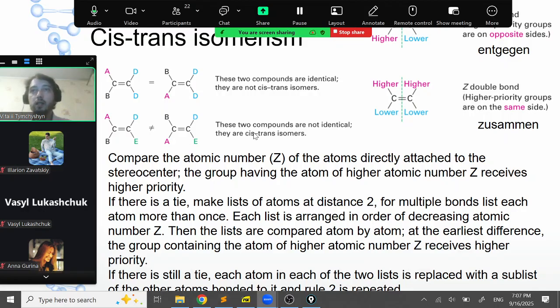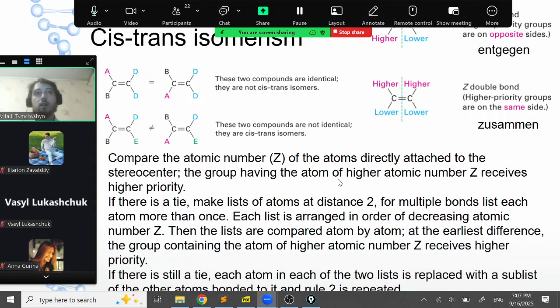So the idea is that you prescribe some priorities to each of these substituents. Then you sort them in some order, so you see higher and lower priority substituents, and then you see what happens to the higher priority substituents.